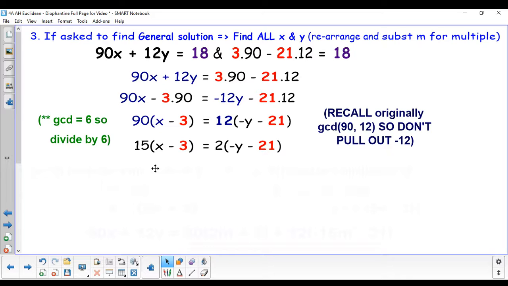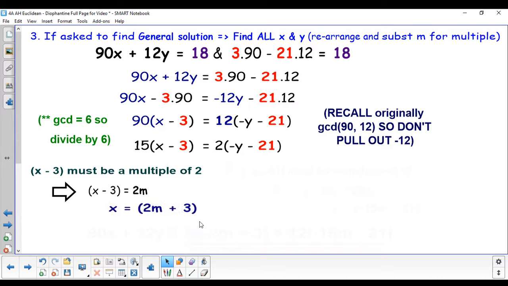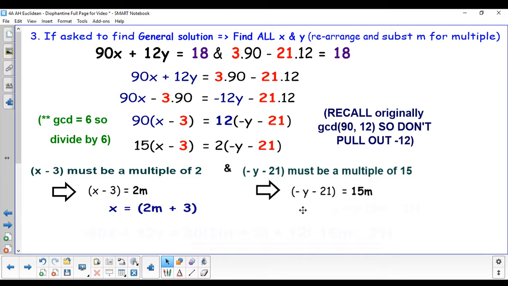Sorry, let's get back to here. We're going to call x minus 3 2m, so x equals 2m plus 3. For this one here, minus y minus 21 will be 15m, because it will be a multiple of 15. Then y equals minus 21 minus 15m, or minus 15m minus 21.